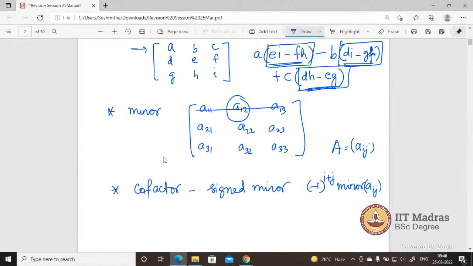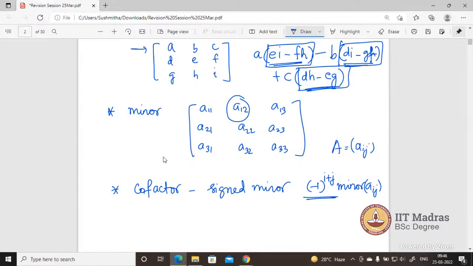But when I want to calculate the cofactor, I also multiply it with this minus 1 power i plus j, right? What is i here, for A12? 1. And j is 2. It appears in the first row and second column.